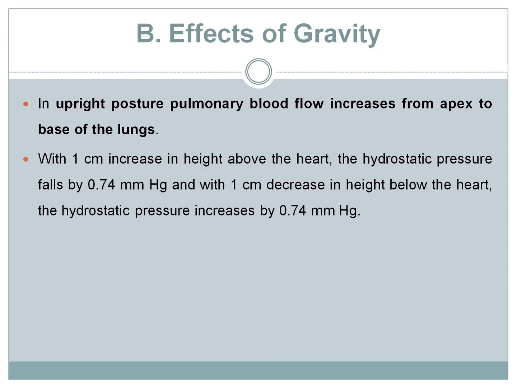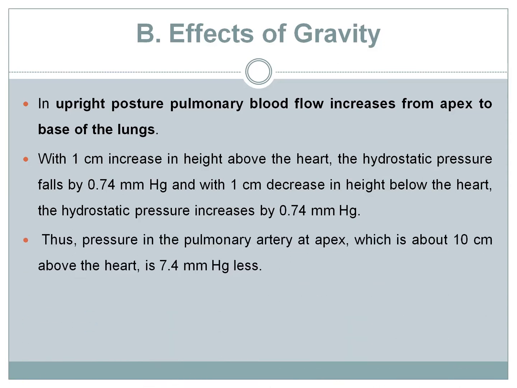So that will be the pressure difference which is seen in cases of blood flow. So pressure in the pulmonary artery at the apex, which is about 10 centimeters above, will be 7.4 millimeters of mercury less, as in the apex, due to the effect of gravity, it will be less. So these normal variations again you have to remember.